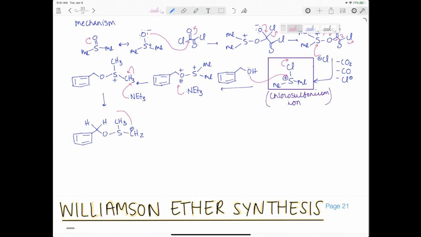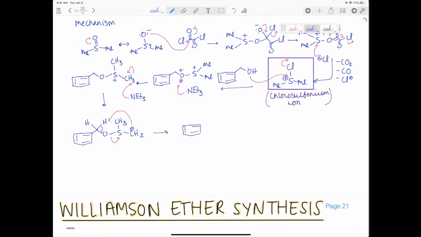What we're going to do here is grab this and attack the hydrogen here, forming the double bond, and then breaking off the dimethyl sulfide. So this is where dimethyl sulfide comes in, and you know it's going to be super smelly, and therefore your reaction is complete from here.